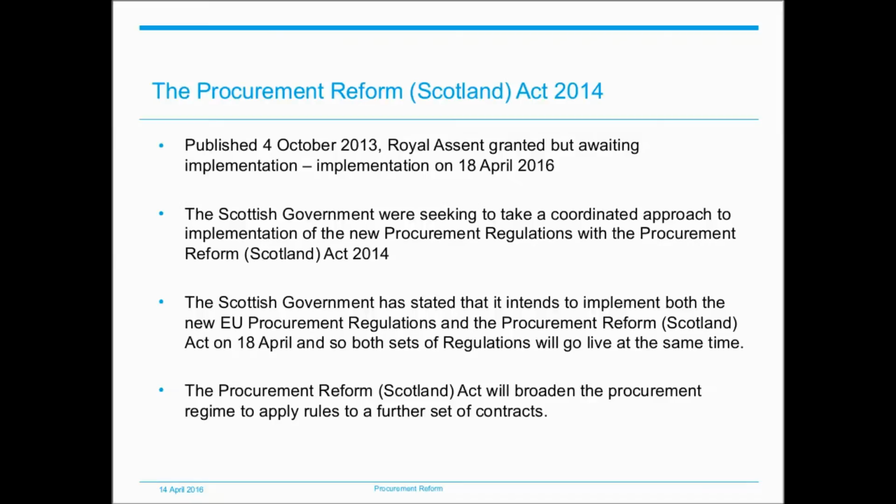The Procurement Reform Scotland Act 2014 was published on 4th of October 2013, and royal assent was granted thereafter, but it's been waiting patiently in the wings since then, and it will now come into force on the 18th of April 2016. The Scottish Government announced that it was seeking to take a coordinated approach to the implementation of the new procurement regulations with the Procurement Reform Scotland Act, and as such the Scottish Government has opted to bring the two pieces of legislation into force on the same date.